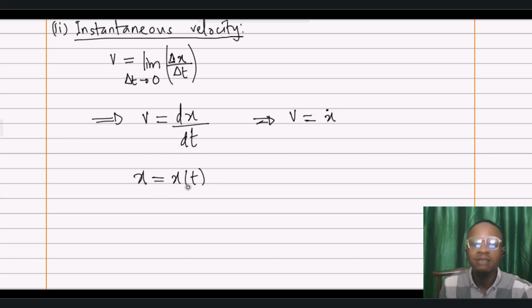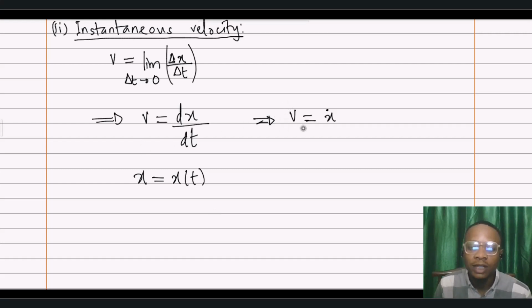When we have x as a function of time, we will be able to get its instantaneous velocity. Of course, x as a function of time simply means we are able to get the position of the body at any time t. If we can do that, we say the motion of the body is defined, because with that expression we can get any motion parameter.